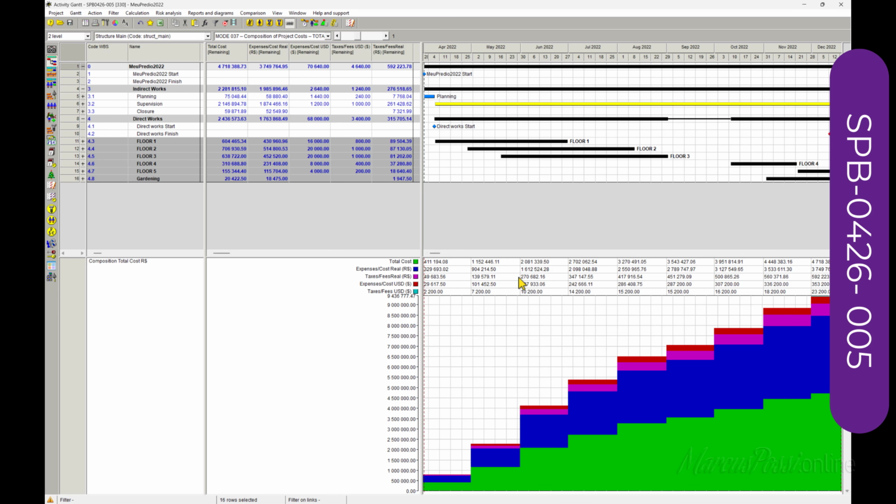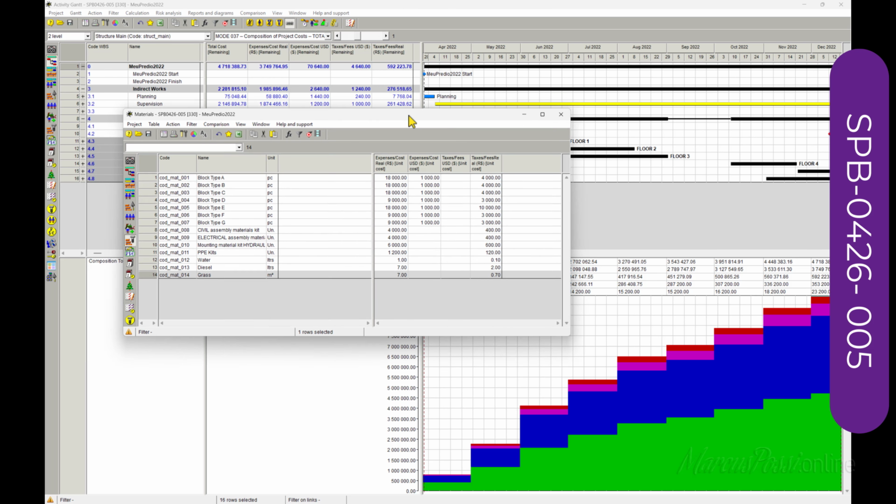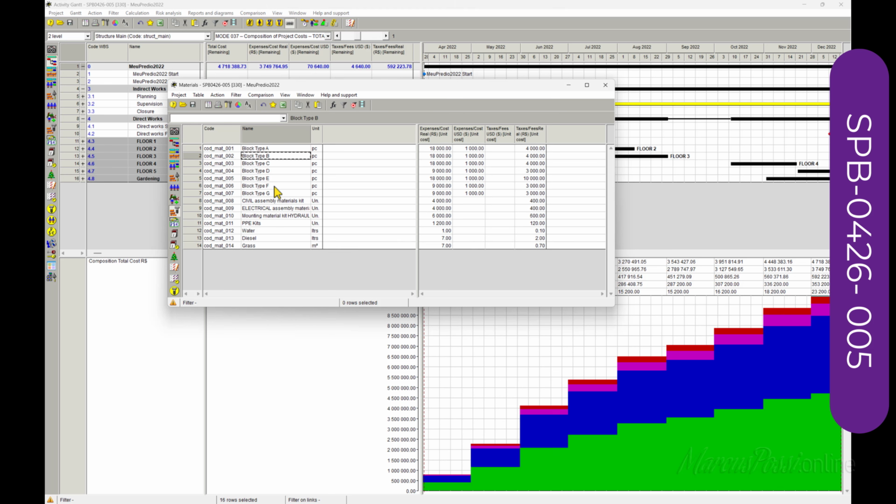Okay, mode 37, 37 is on. Part 2. In part 2, we are looking to view and register your materials. Blocks are here. Civil assembly kits, mounting kits, okay, all the kits are here.